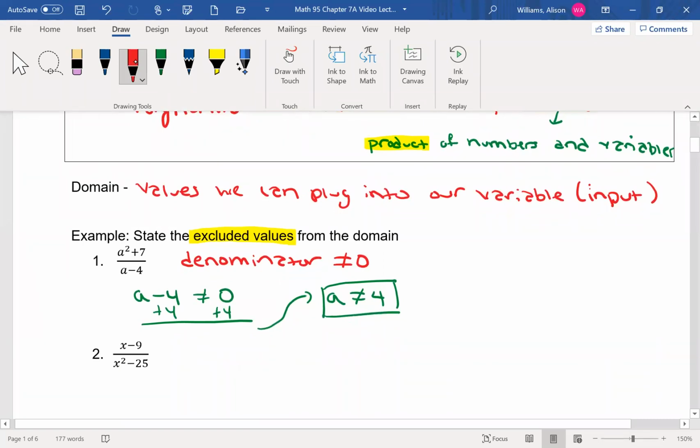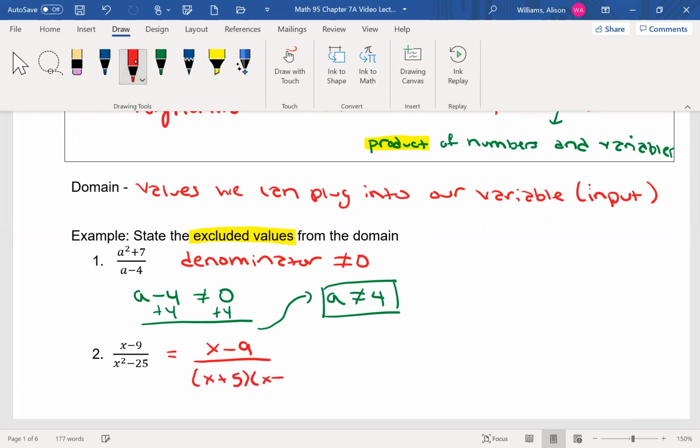All right, so let's look at a more exciting example. In this denominator, I have something more complicated. And in fact, when we see something that we can possibly factor, we're going to factor it. It's going to make our life a little bit easier. So I'm going to rewrite this as x minus 9 over x plus 5 times x minus 5, because that's a difference of squares.